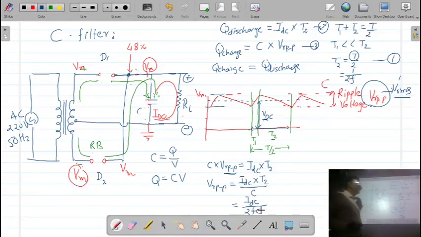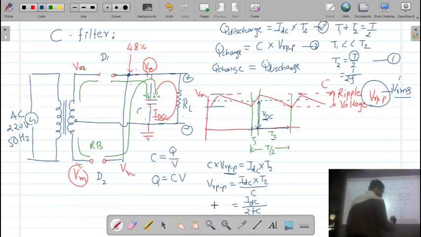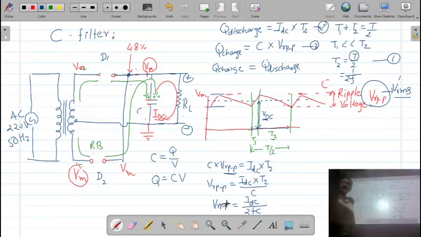So ultimately, what we have done, we have calculated the AC voltage, that is VR peak to peak. Correct? Now, but in any formula of a ripple factor, we require the RMS value. So what is the RMS value of this waveform?